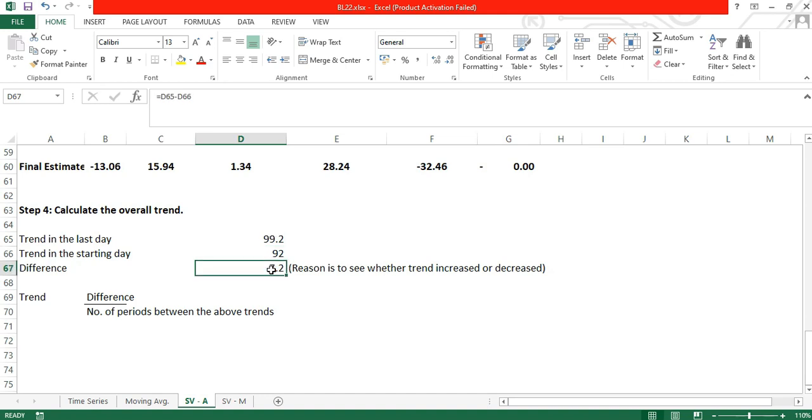So then it should be a minus if it's reduced. But if it has increased from the first day onwards to the last day, then it must be a positive difference. Therefore, your trend will be 7.2 divided by how many periods or how many days have passed between these two trends.